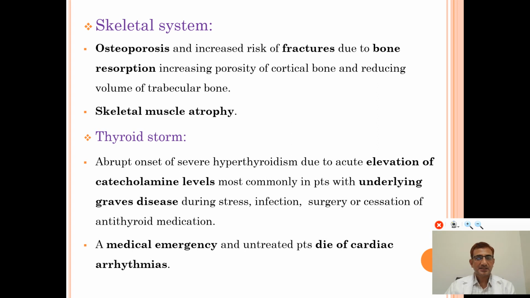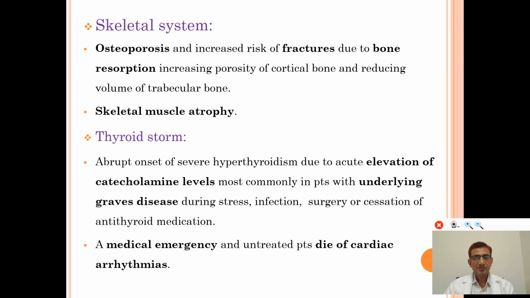And in the skeletal system, we see osteoporosis, that is increased risk of fractures due to bone resorption, increasing porosity of cortical bone and reducing volume of trabecular bone, and skeletal muscle atrophy.